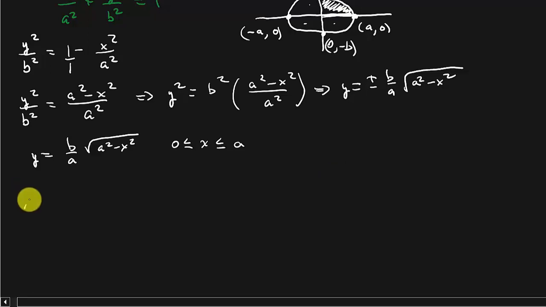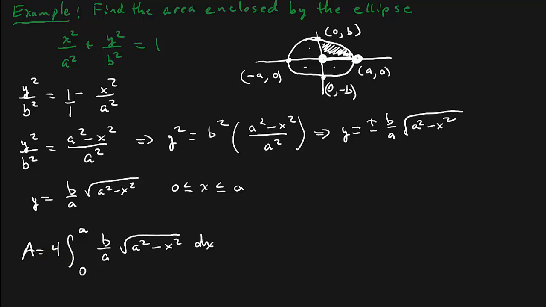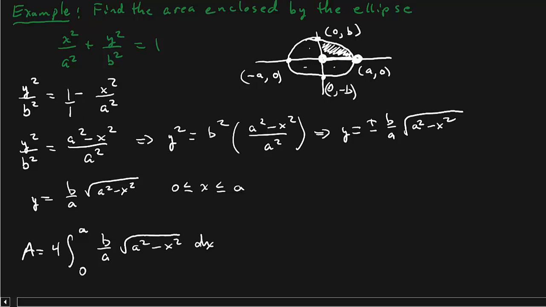So my area is going to be the integral from 0 to a of b over a times the square root of a squared minus x squared dx, and I have to multiply that times 4, because the integral gives me just this area in the first quadrant, and multiplying by 4 gives me the entire area.